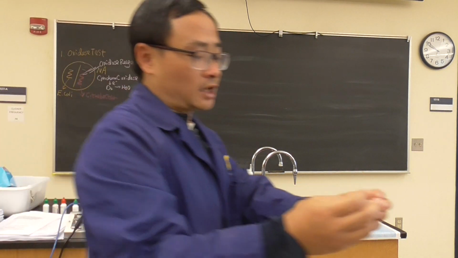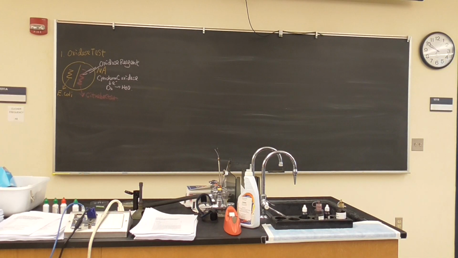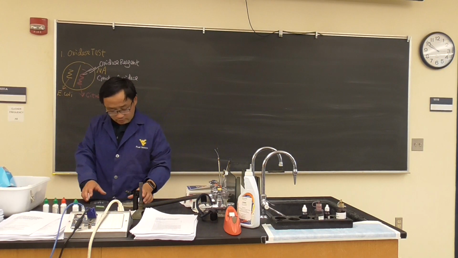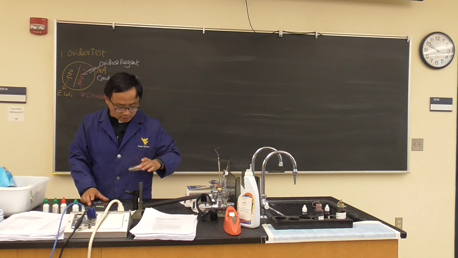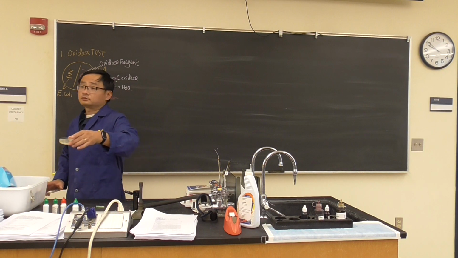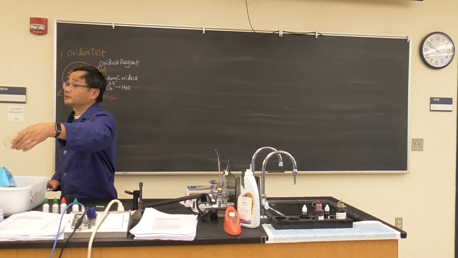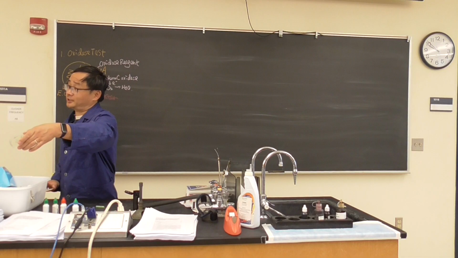So I will say this sample is from you guys, from a student, I don't know who. A little bit, so that means there's a contamination. This is the easiest way to check for contamination. But it's not accurate because it's already exposed to the air for more than 1 minute.